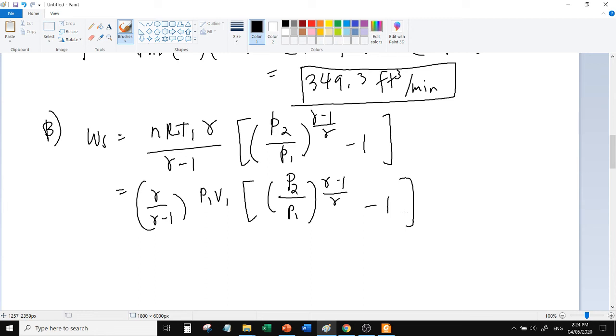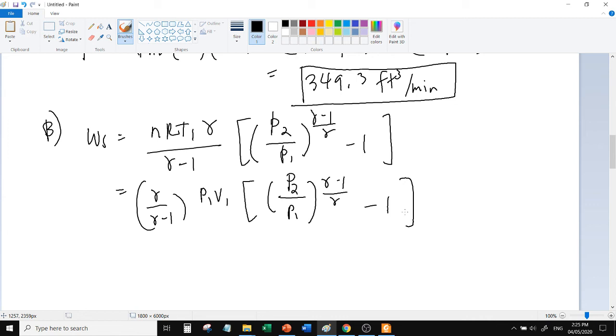So, substituting the values into the equation. By the way, ano yung V1 na gagamitin?